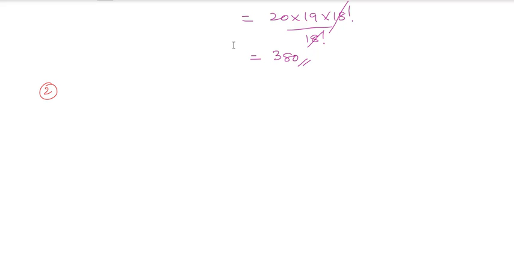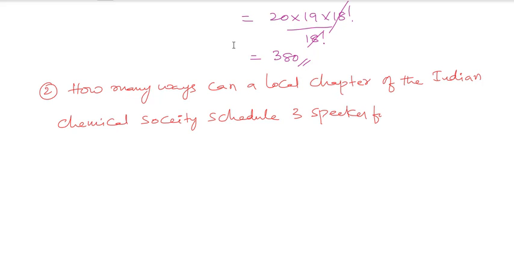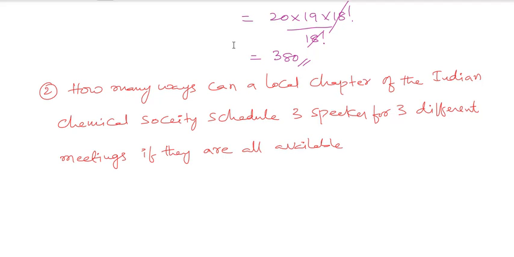Write down how many ways can a local chapter of the Indian Chemical Society schedule 3 speakers for 3 different meetings if they are all available on any of the possible dates in the weekdays.